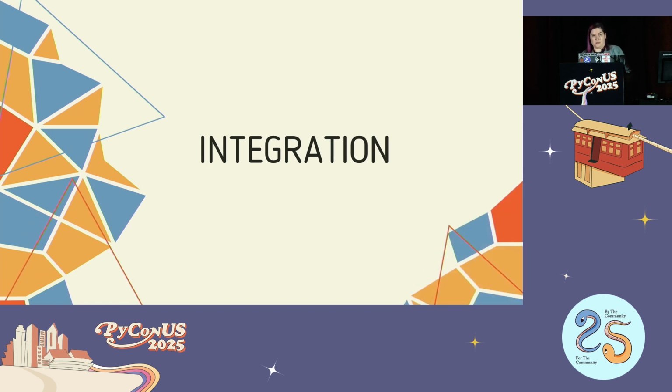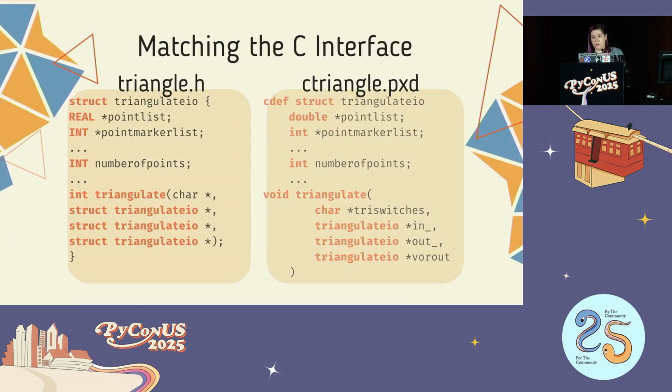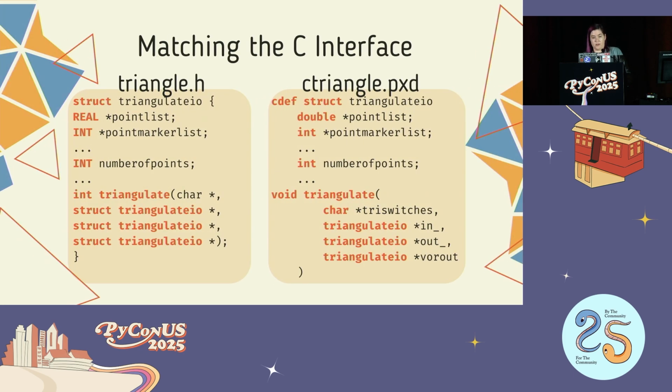So what does this integration look like for mapping directly from a C library into Cython? The left-hand side is a triangle.h file, which is what I had from the triangle library, and ctriangle.pxd was the header file that I made to mirror it.